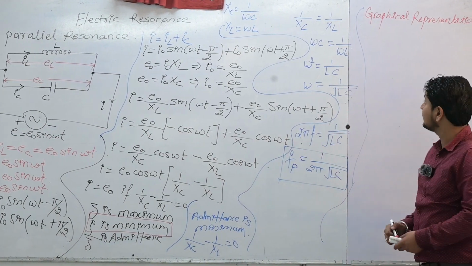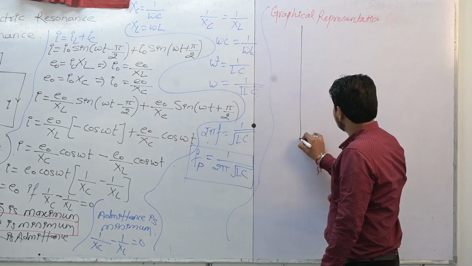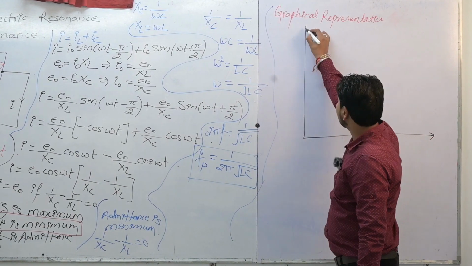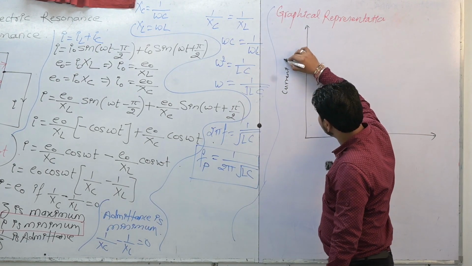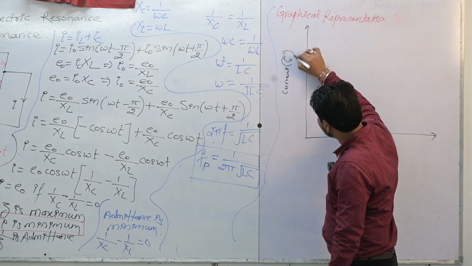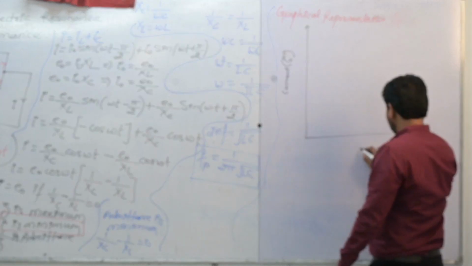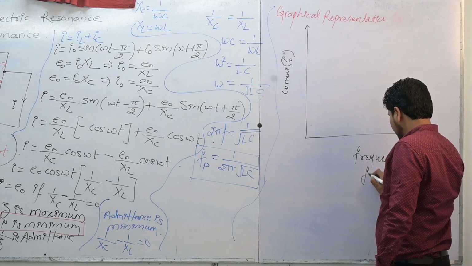And when your current is minimum, we see the graphical representation again. So this is your x-axis, this is your y-axis. We are taking current on the y-axis, so we take I naught as the current, and there is a frequency.